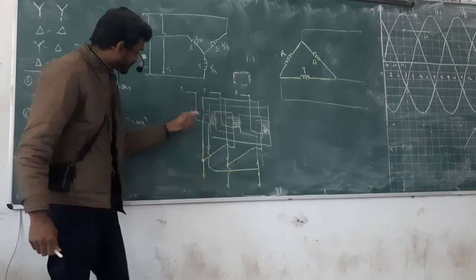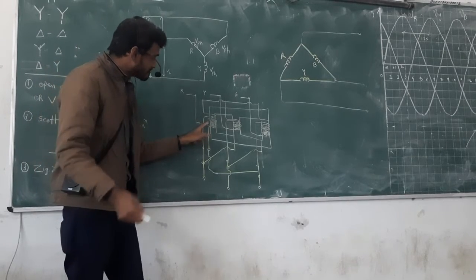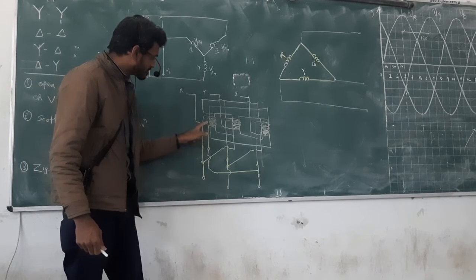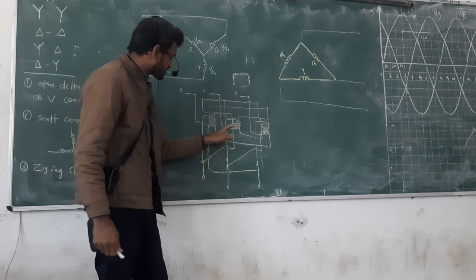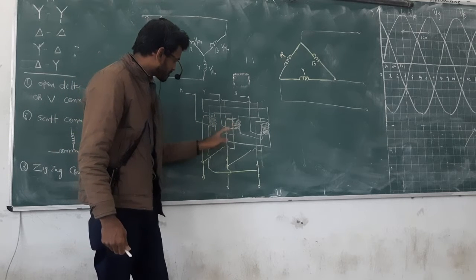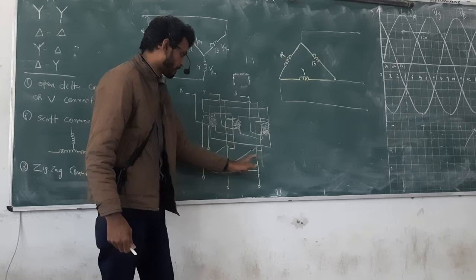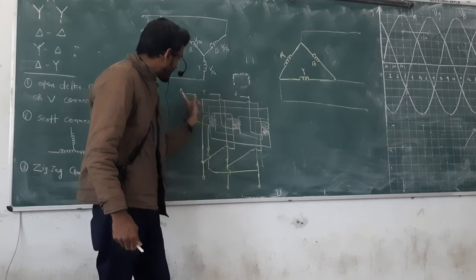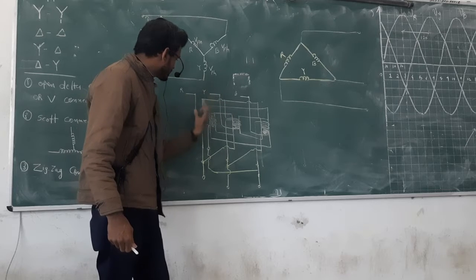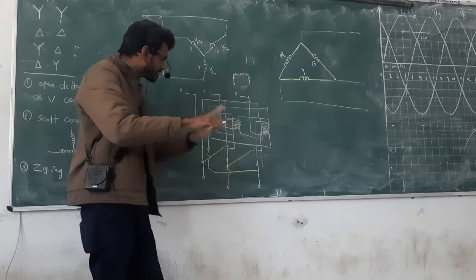So whatever this phase induced here, the same voltage will appear on the yellow winding. Whatever the white winding induced here, appears on the yellow winding. The white winding is supplied line to line. So voltage is divided, and each white winding has a voltage divided by root 3.